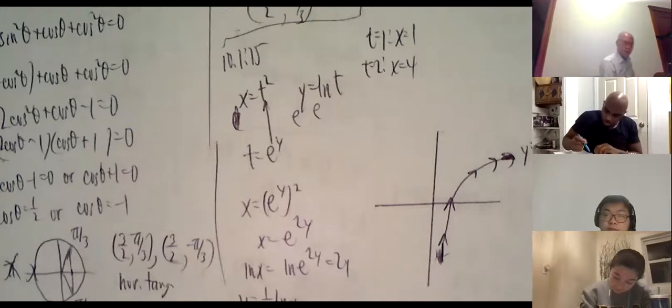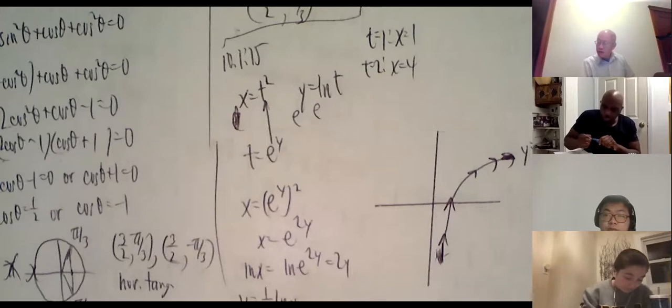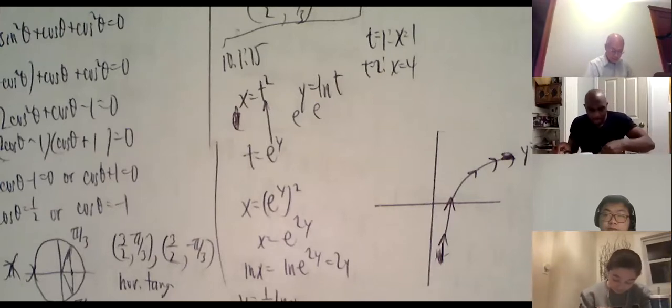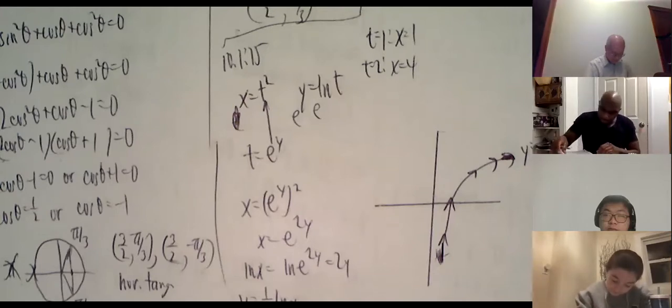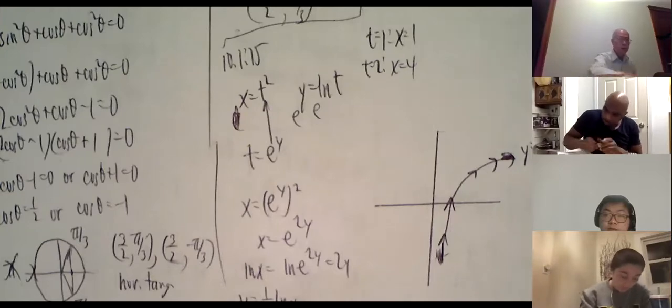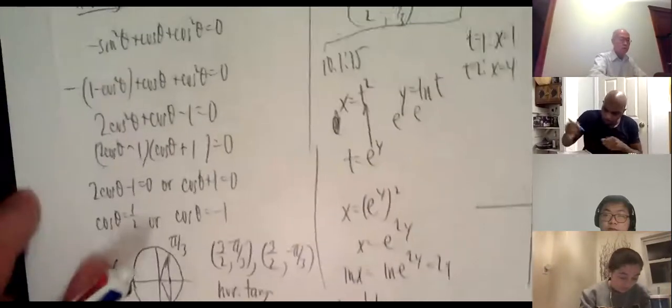Okay, then let's see, 10.3, 45, and 59. Yeah, I'll have to use this. 10.345 is a polar graph, so I will have to get one of my polar graph papers.